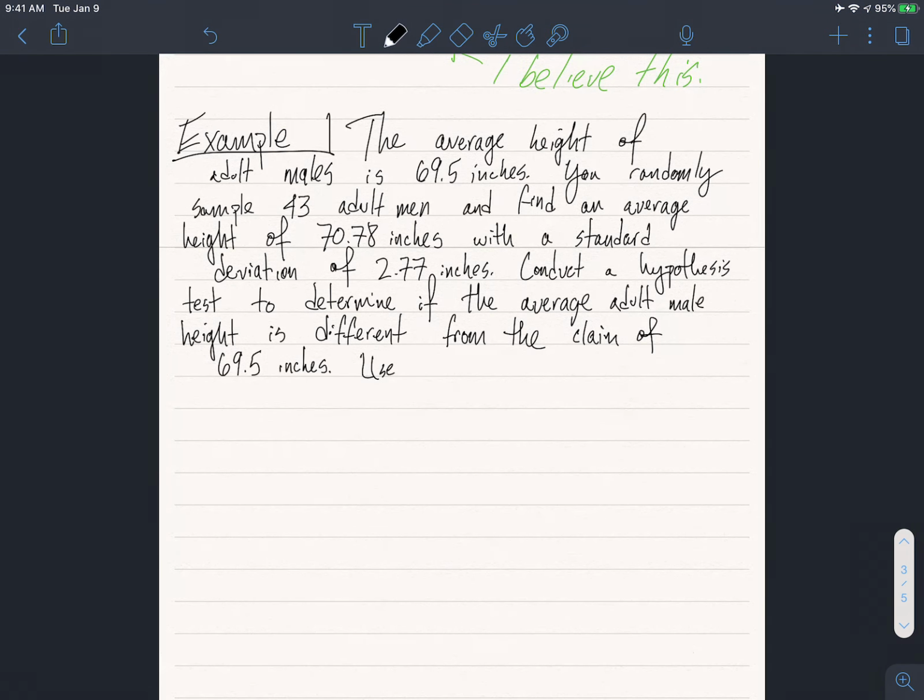Use a significance level of 0.05, just like always.